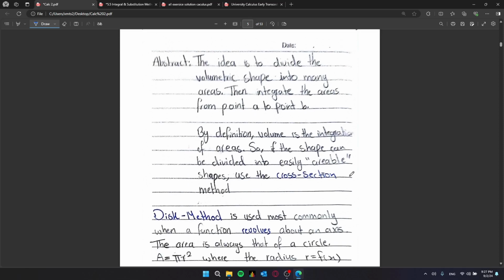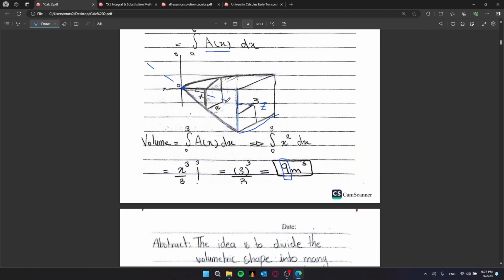If you can divide the shape into easily, and I'm using this word here, areable shapes, as in you don't know how to get the volume of the pyramid, but you know how to get the area of the square, and a pyramid is just stacked squares. A square is a shape you can find the area of fairly easily, so you're using that to get the volume of the pyramid.